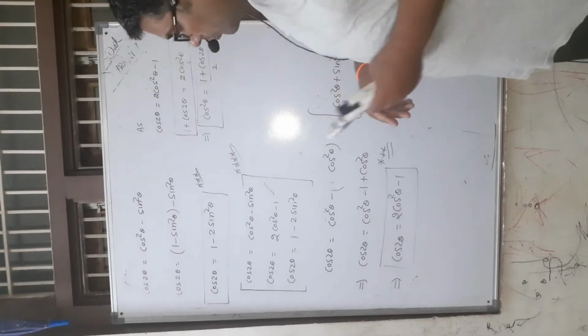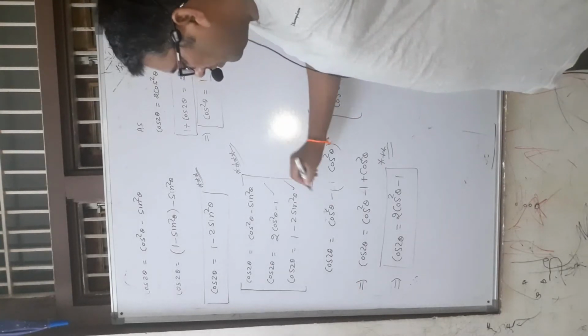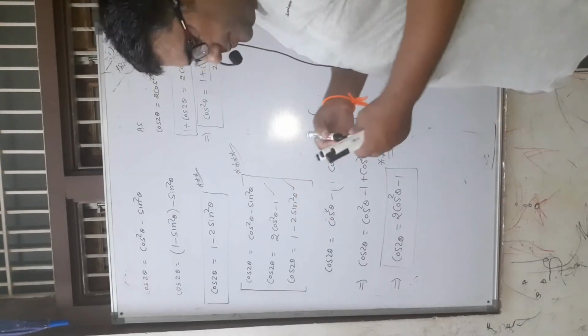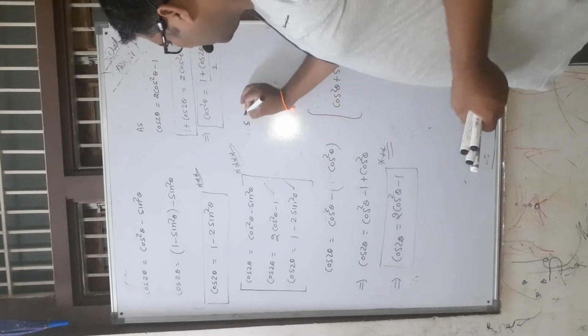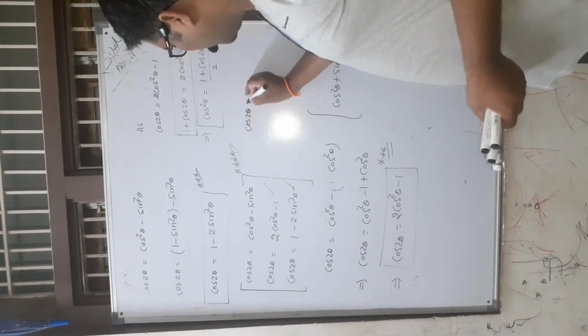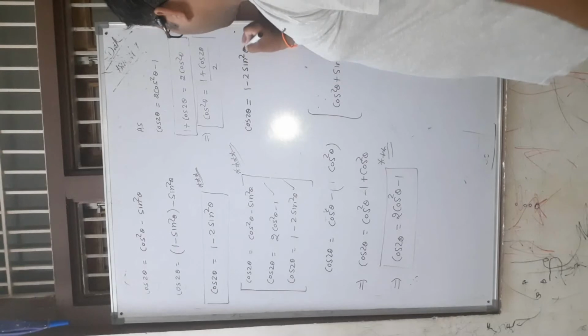Okay, so now we also derive another formula with the help of this. As we know, cos 2 theta is equal to 1 minus 2 sin square theta.